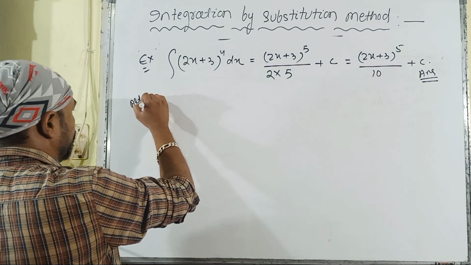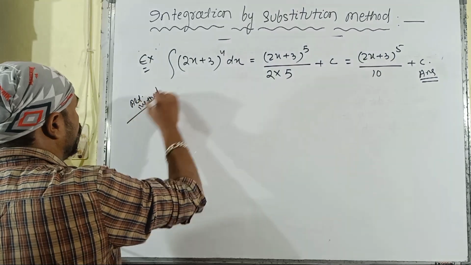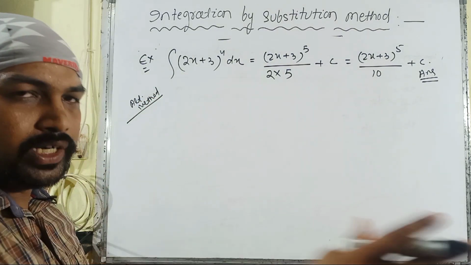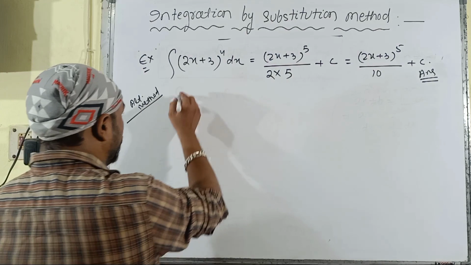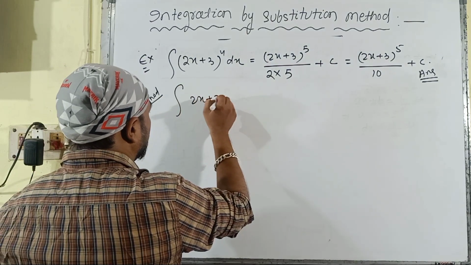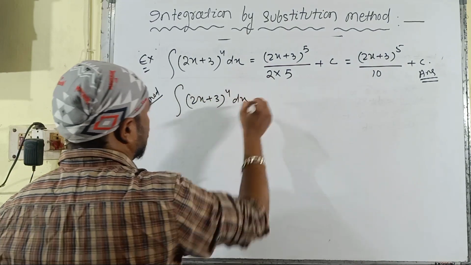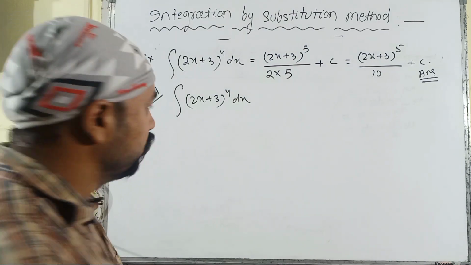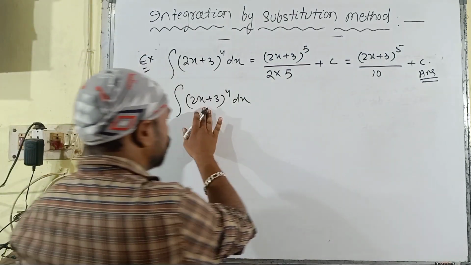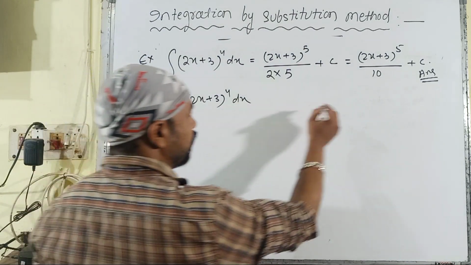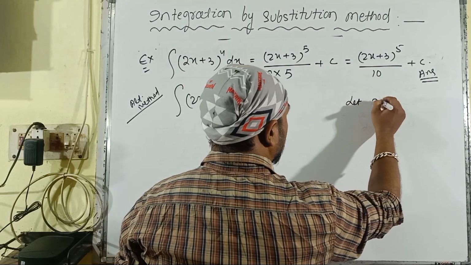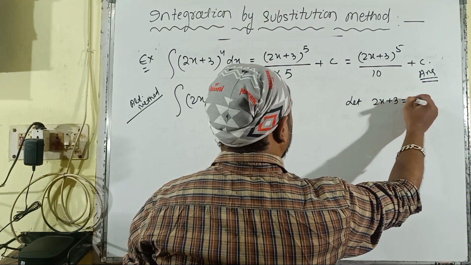Alternative method: we prove this by the detailed procedure. It will be integral of 2x plus 3 to the power 4 dx. According to the procedure, first of all we substitute 2x plus 3 as t.